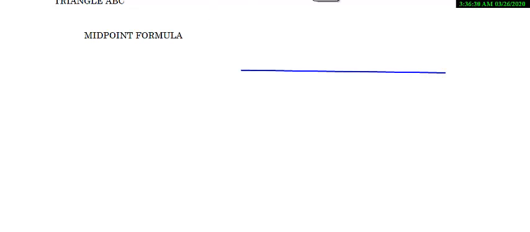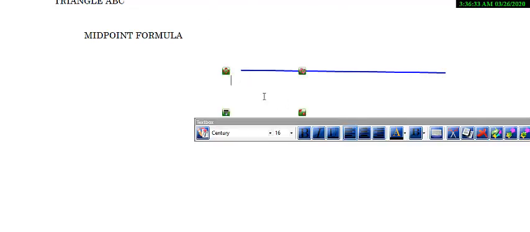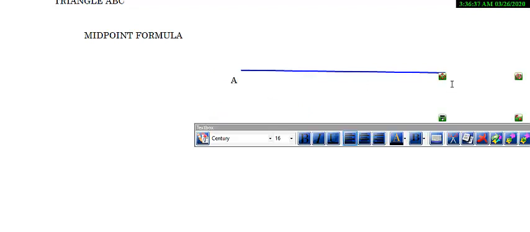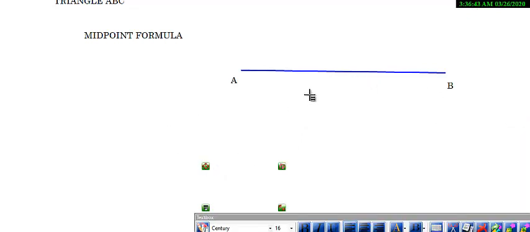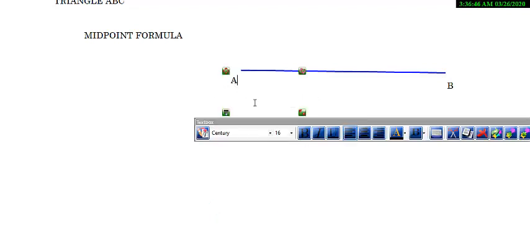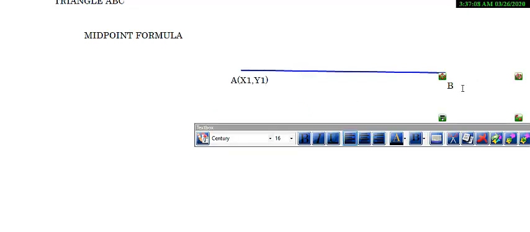This segment AB has a length, whatever, and A has coordinates x1, y1. And B has coordinates as well, x2, y2.